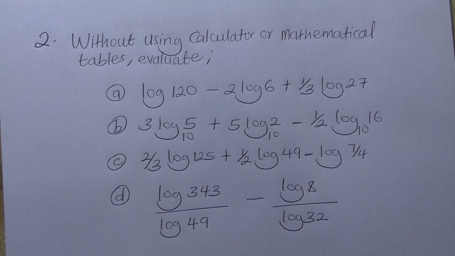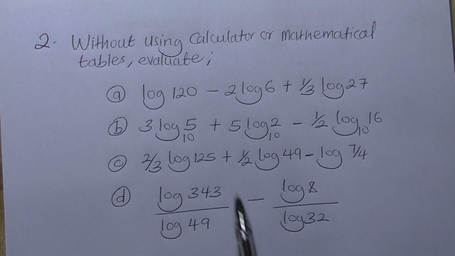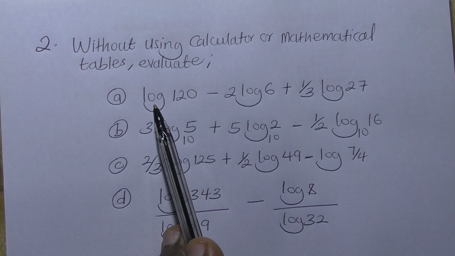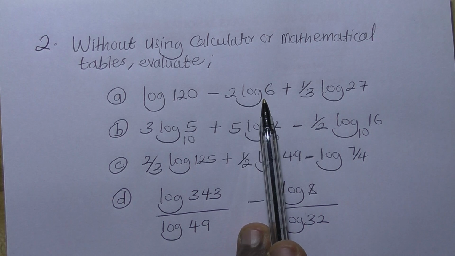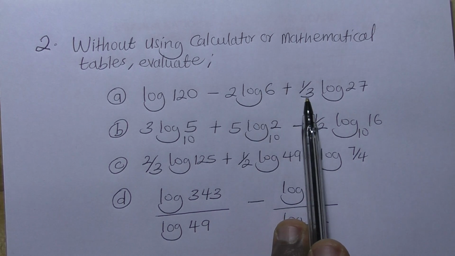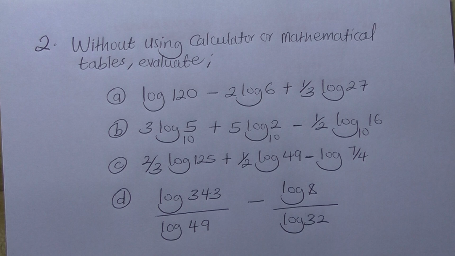Our second question says, without using a calculator or mathematical tables, evaluate. We have 4 questions. Part A is log 120 minus 2 log 6 plus a third log 27.